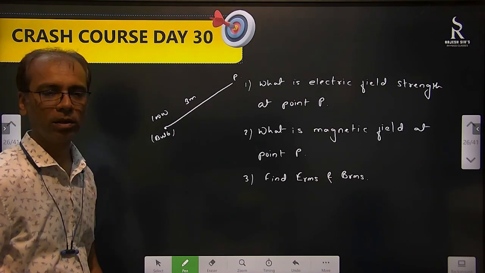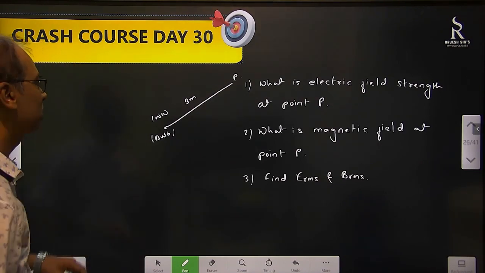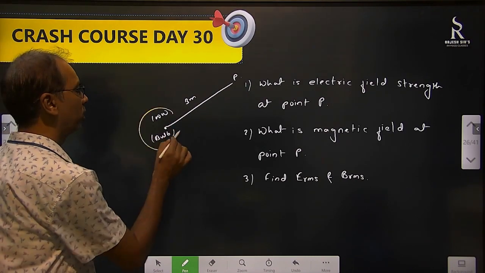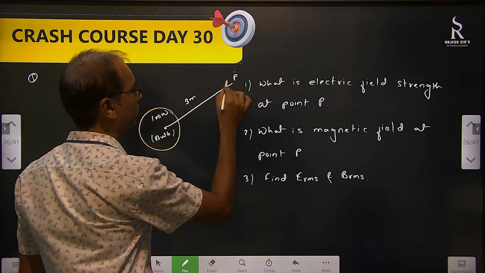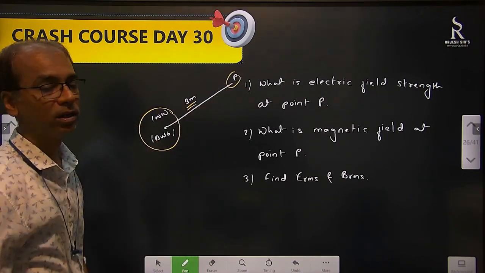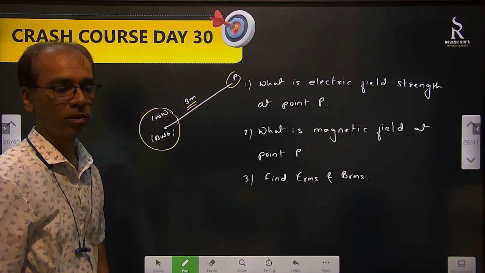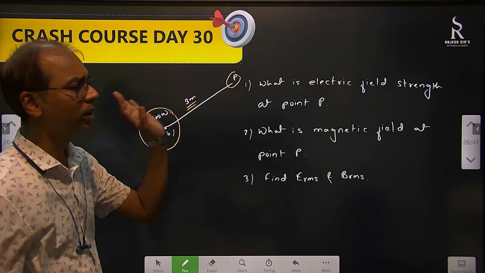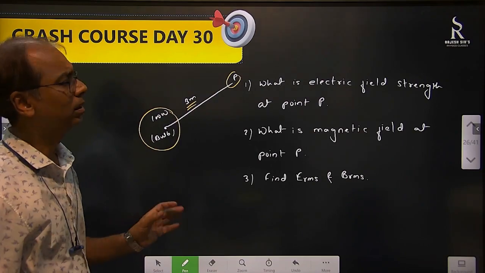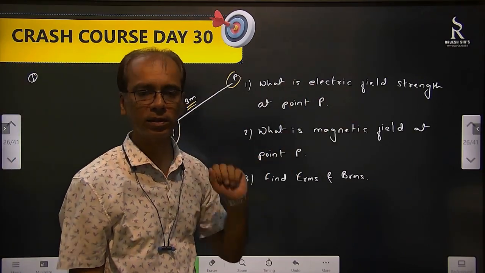Now let's see this question, based on intensity and other things. This is a bulb here. A 100-watt bulb is there. And this is the point P, which is at a 3-meter distance. He is asking what is the electric field strength at point P. What we can do is first find the intensity. Then we'll think about the relation between intensity and electric field strength. That we'll see later.